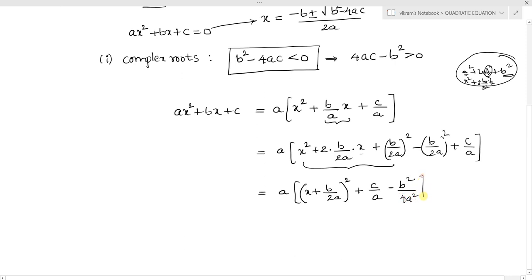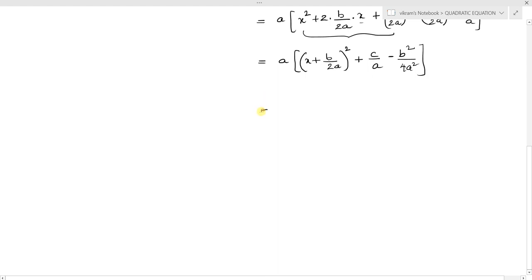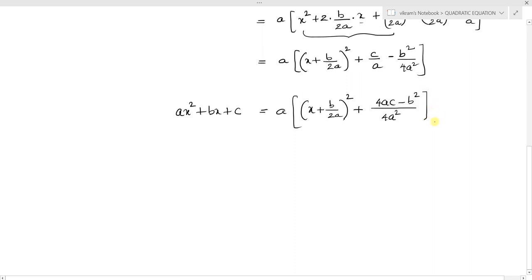If we simplify this, ax square plus bx plus c equals a times x plus b by 2a whole square plus, taking 4a square as common, 4ac minus b square.